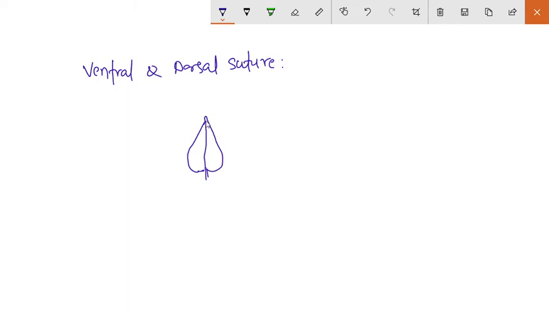So it is the central midrib, and these two margins, they get united.